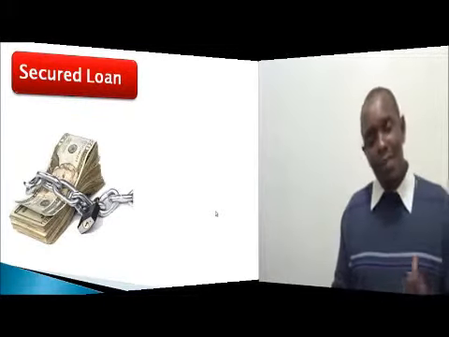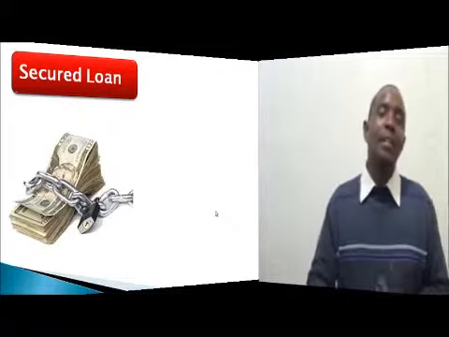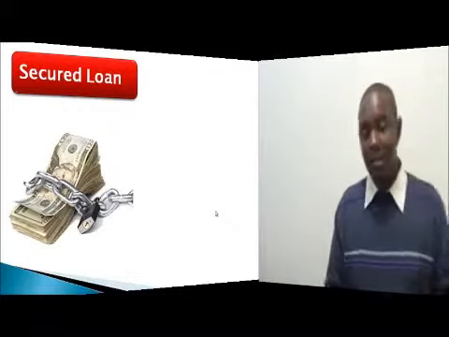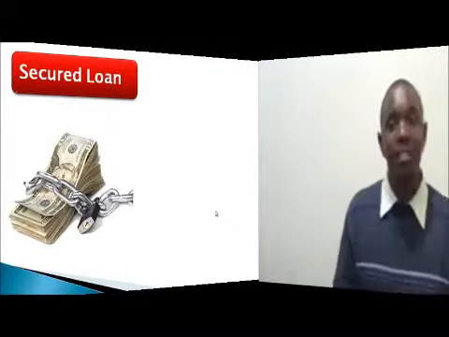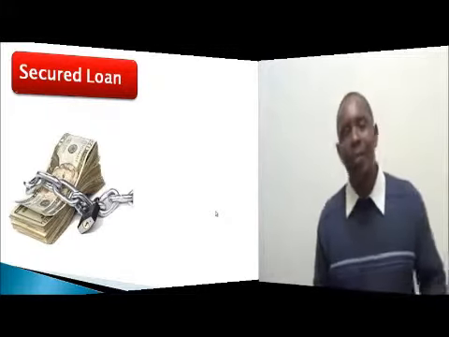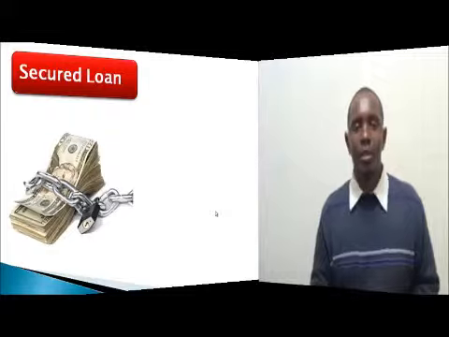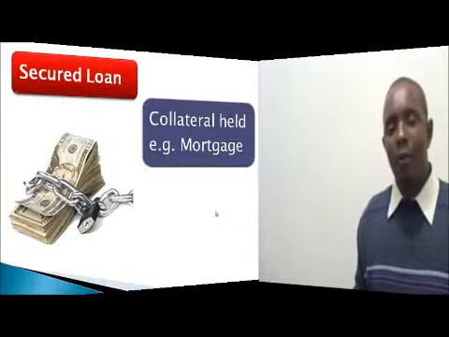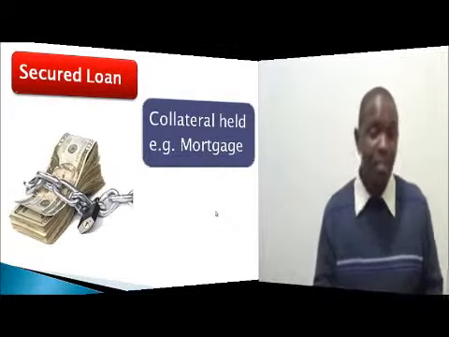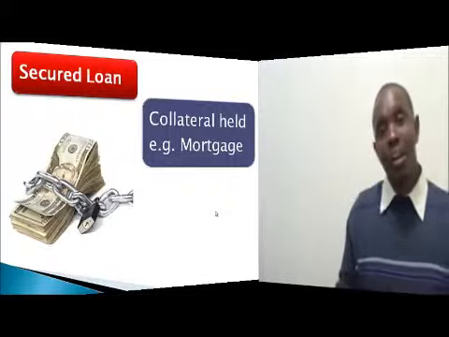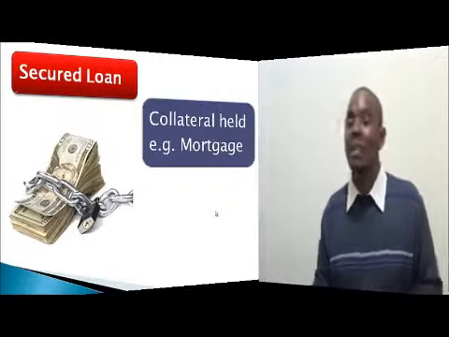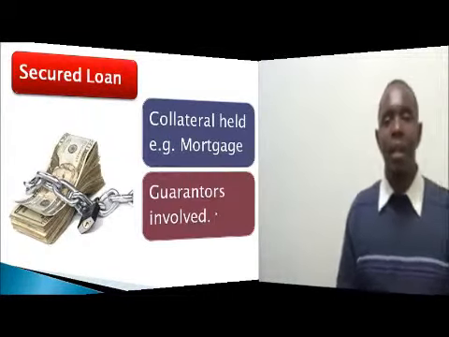So secured loans mean, yes, you have to make your monthly repayments, but in case of default, the bank or the financier can come and repossess the unit. For example, with the mortgage that I've just explained, the collateral in this case is normally the house itself.